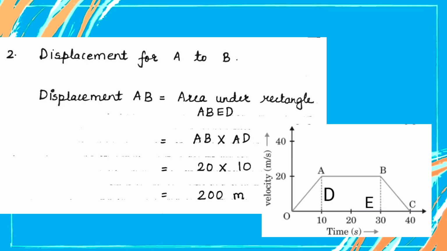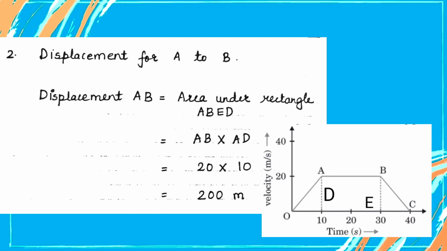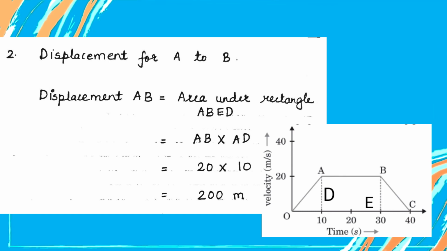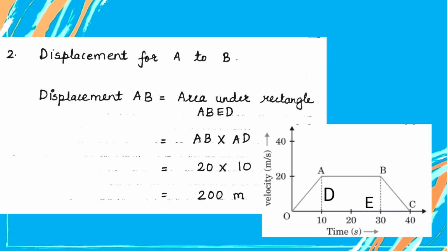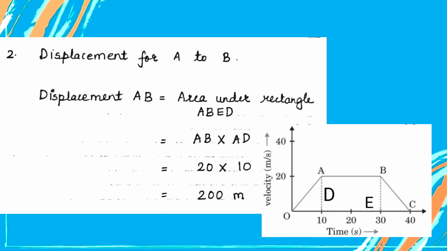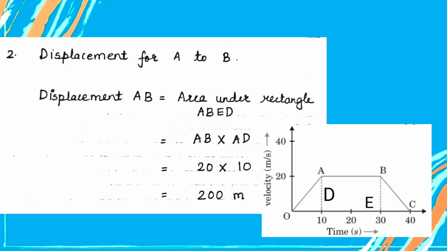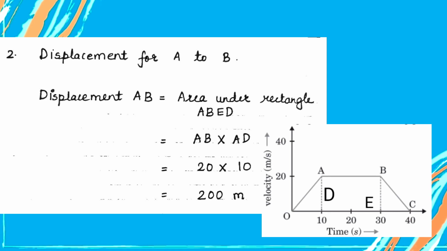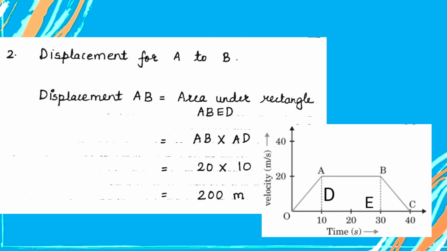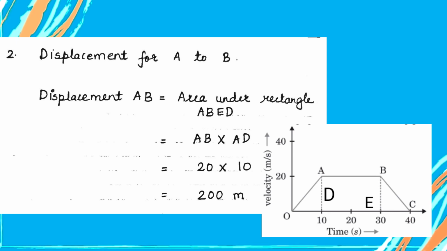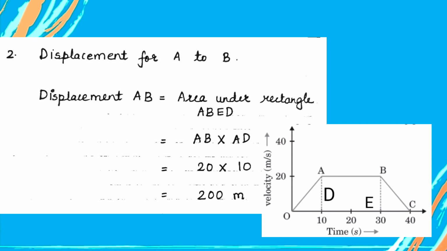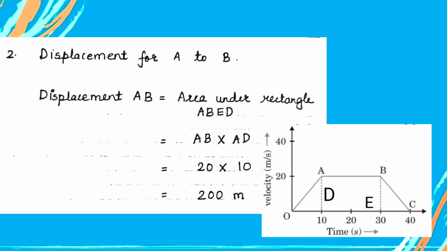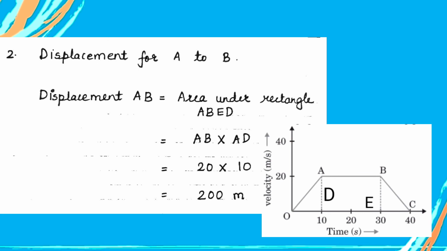Now we have to find the displacement from A to B. Again the same concept, the area under the line AB will represent the displacement. ABED is the rectangle. So we find the area of this rectangle, which is equal to displacement AB, equal to area under the rectangle ABED, which is AB multiplied by AD.